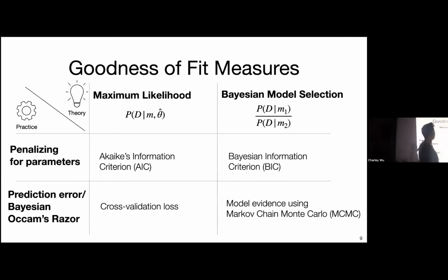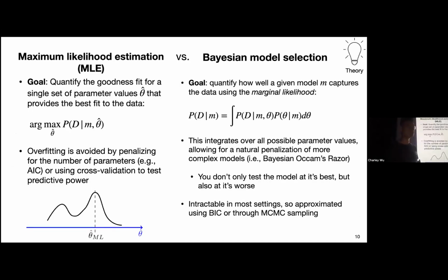In theory, we can separate based on these two different columns, but in practice, it's probably more appropriate to select either penalizing for the number of parameters or doing this prediction error / Bayesian approach in the bottom row. So we'll start first with just explaining the overall theoretical difference between maximum likelihood estimation and Bayesian model selection.